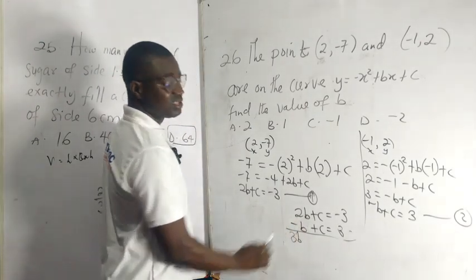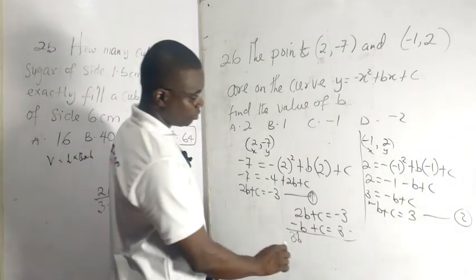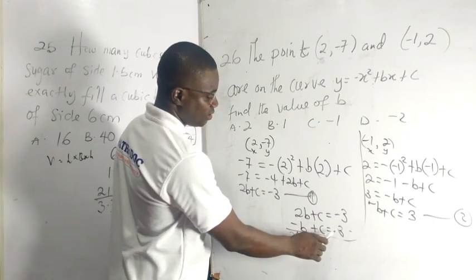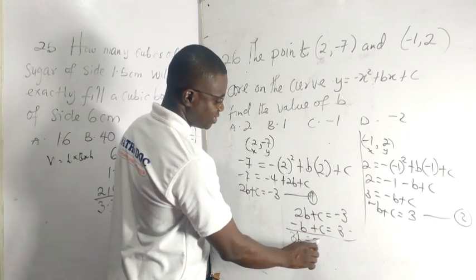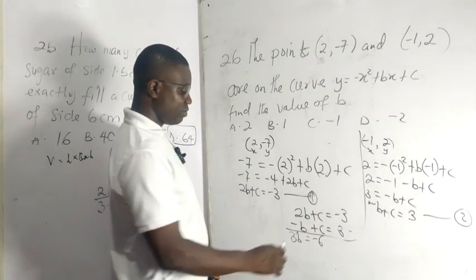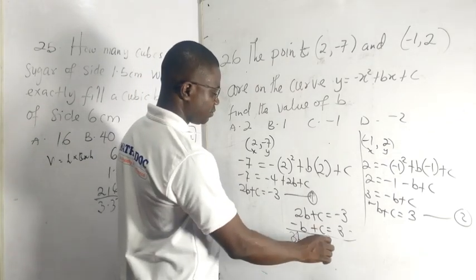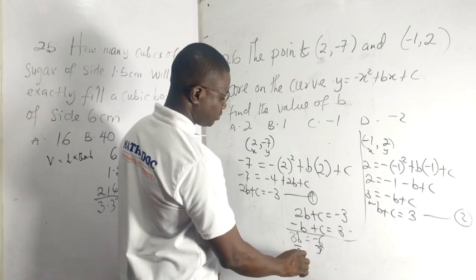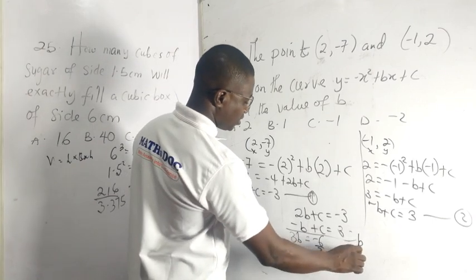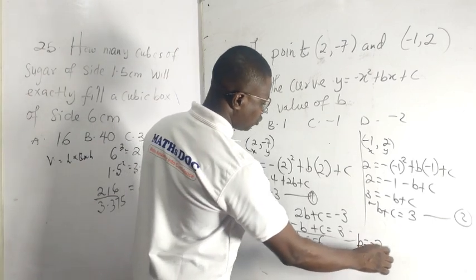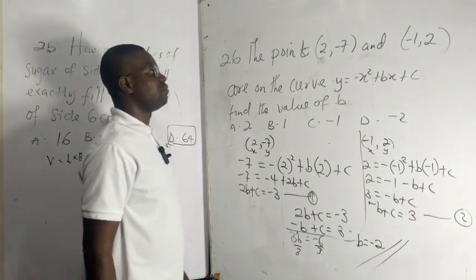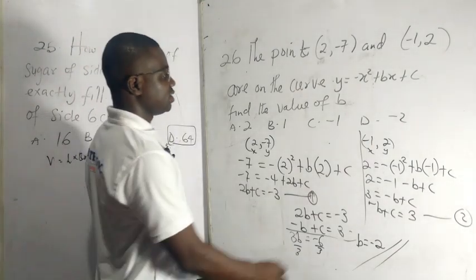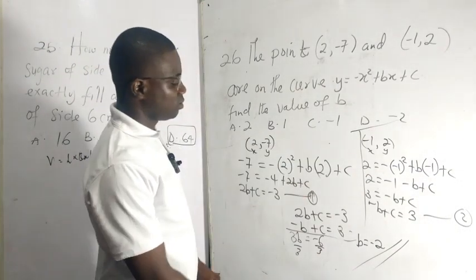Then c minus c will give you 0. And then minus 3 minus 3 will give you minus 6. So getting our b, we divide both sides by 3. So our b is equal to minus 2. We're after the b, so our answer is b equals minus 2. That is it.